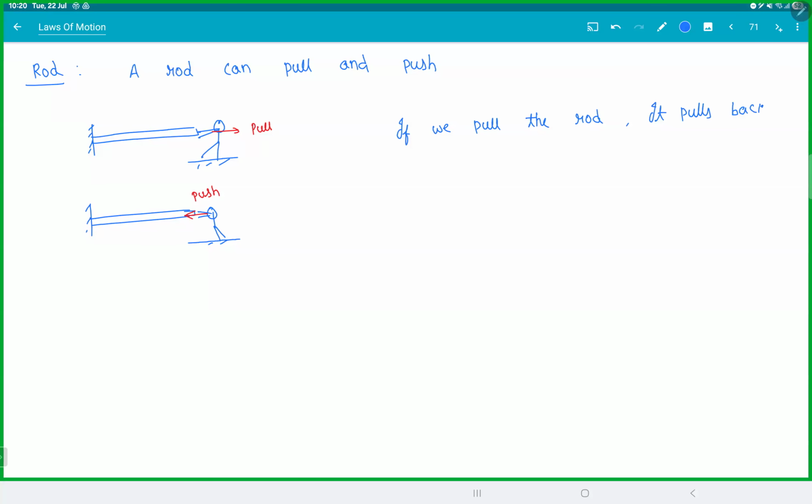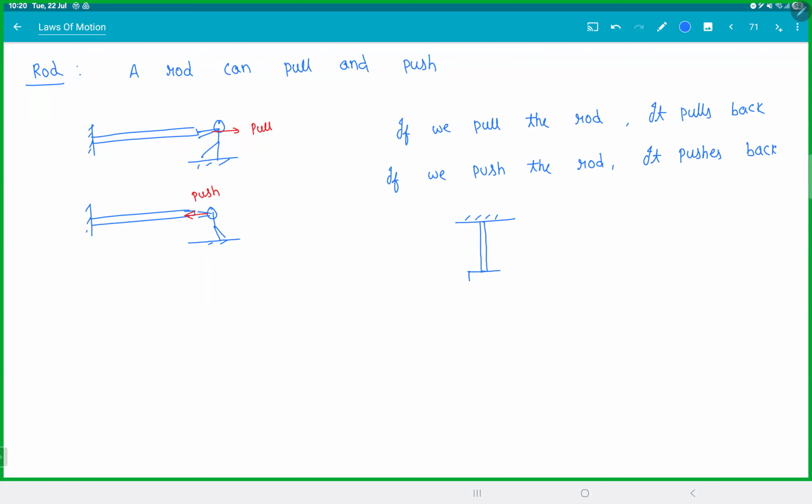It pulls back. If you push the rod, it pushes back. That means you can have a scenario like this.